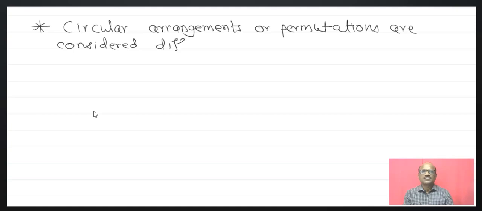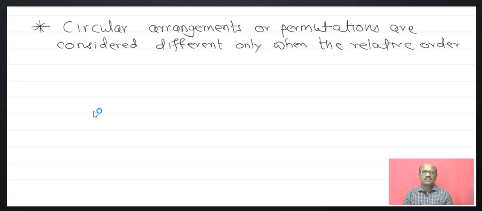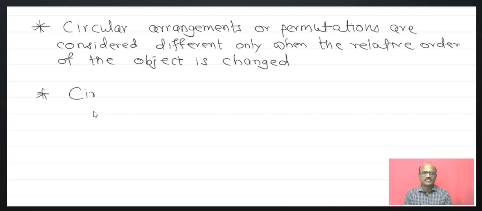They are considered different only when the relative order of the objects is changed. These are the main points. I think that if you remember this, then you can solve all these exercises.